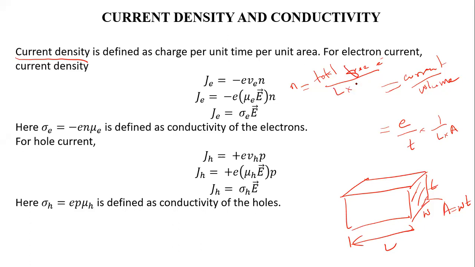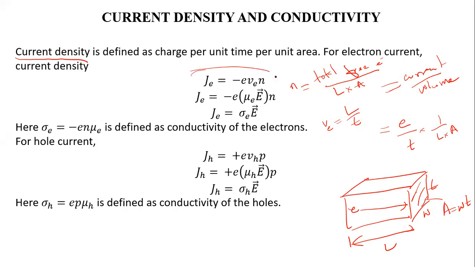Volume is length into cross-sectional area. Now, what is VE? VE is simply the velocity of motion of charged particles like electrons. Suppose electrons move from this to this within 1 second. So VE will be length upon time, dimensionally.